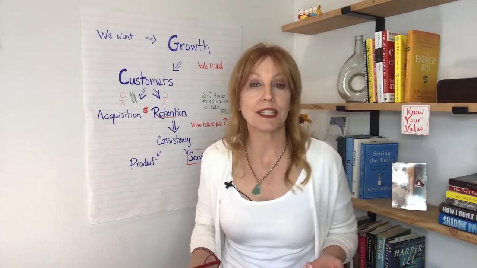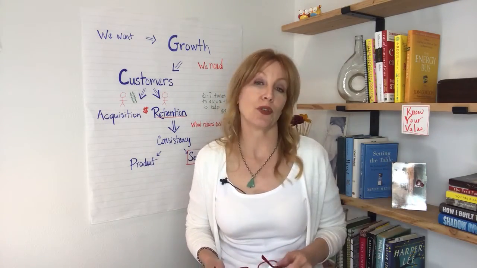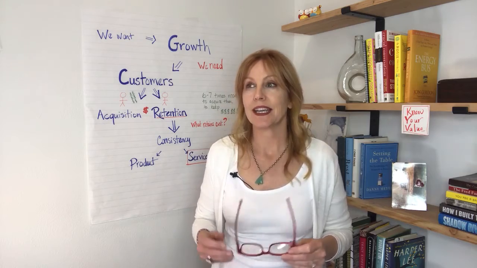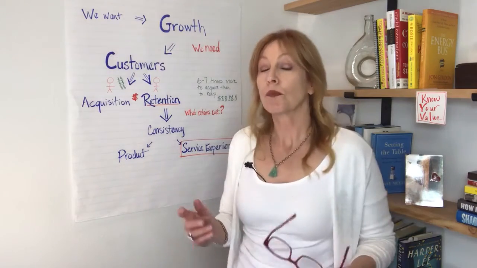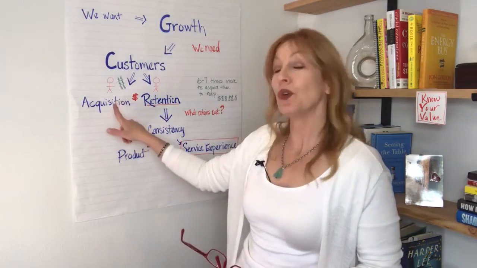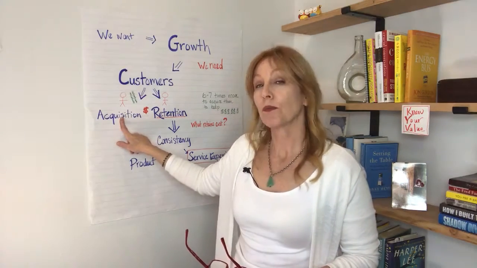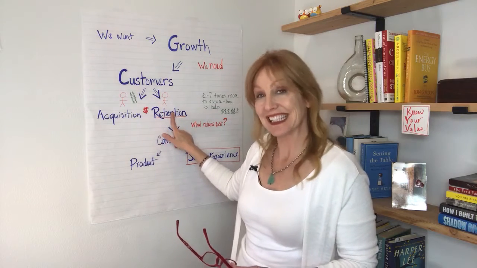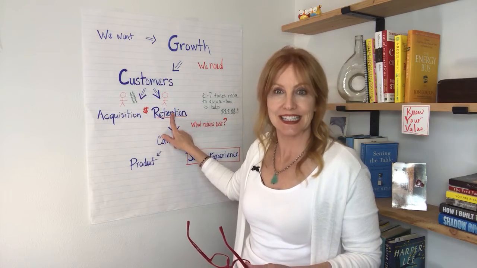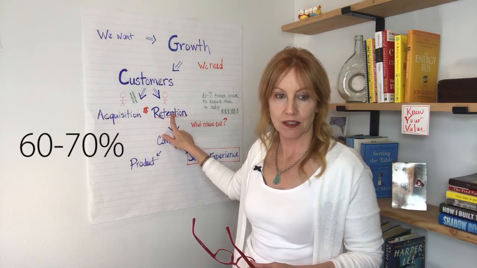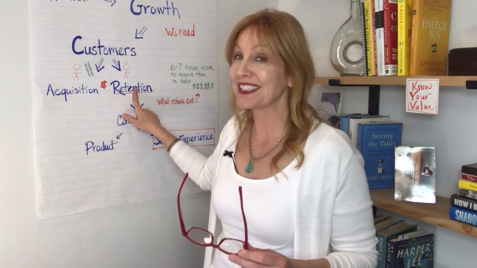Another way to help me understand what my value is to you as an employee is this statistic. The probability of selling to a new customer is between 5 and 20%. The probability of selling to an existing customer is between 60 and 70%. That's a big difference.